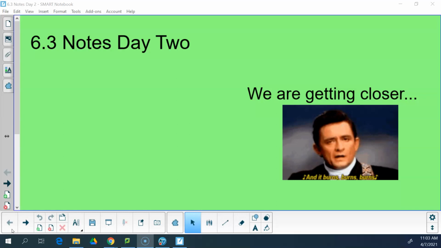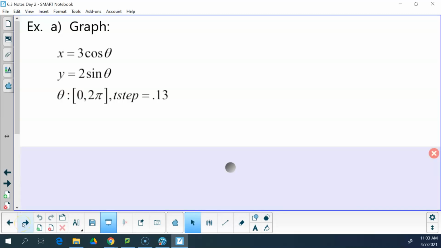All right, so we're going to start today with, I would like you, on your graphing utility, be it Desmos or a graphing calculator, to graph this parametric function. Now, just so you know, if we wrote this as three cosine of theta or 3 cosine of t, those mean the same thing.